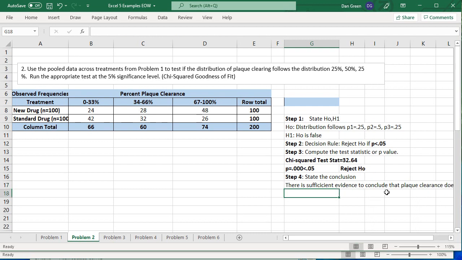So whatever this distribution is, it's not 0.25, 0.5, and 0.25.